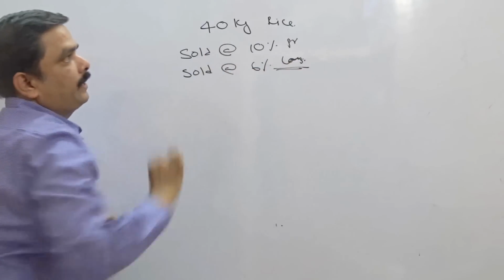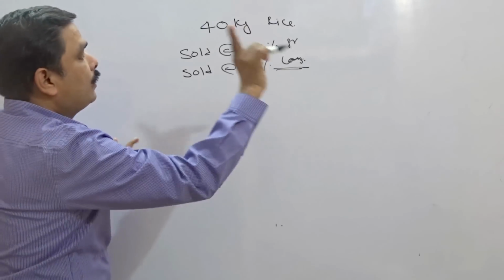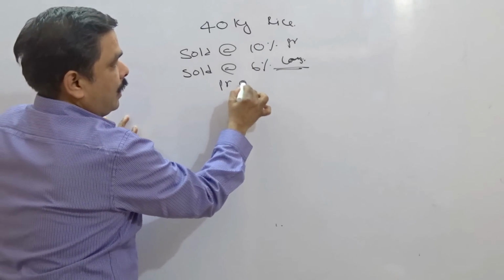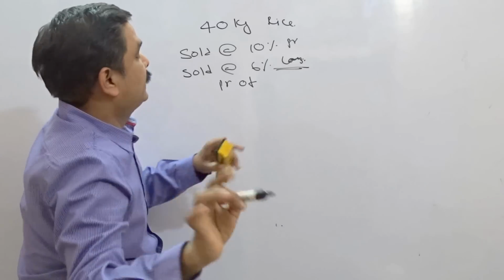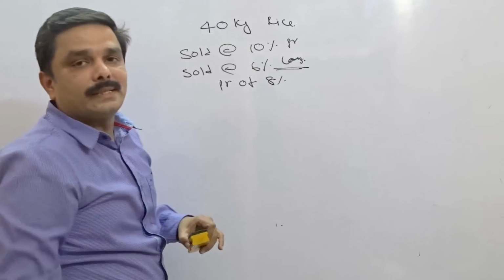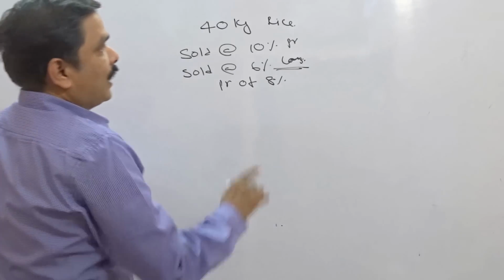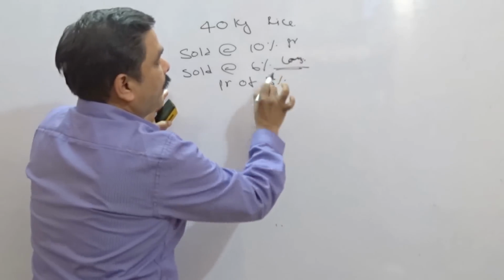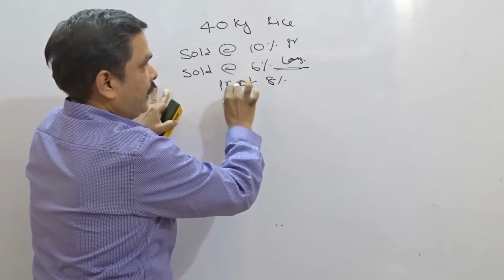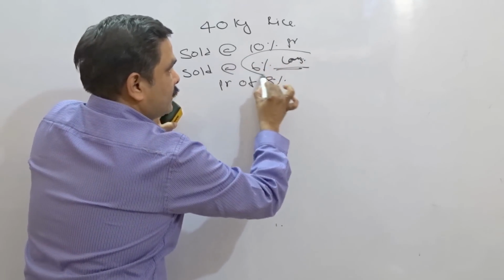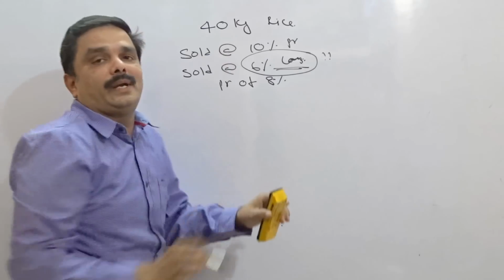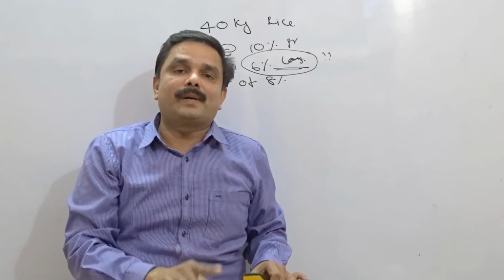This is loss, right? On the whole, he got a profit of, let us take 8%. If this is the case, I am going to ask you the question: what quantity of the rice has been sold at 6% loss? What quantity of rice has been sold at 6% loss?